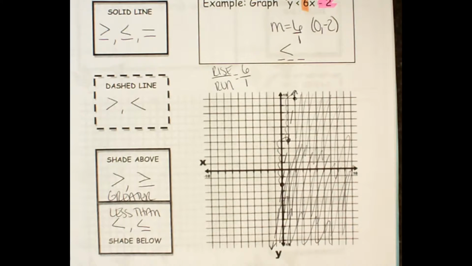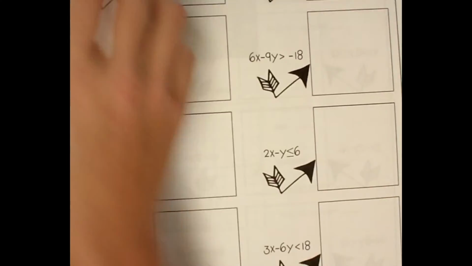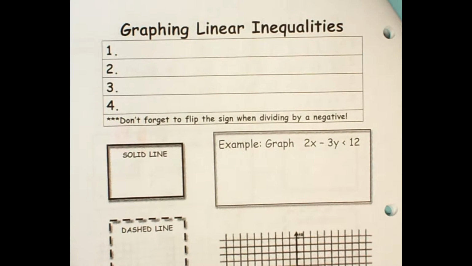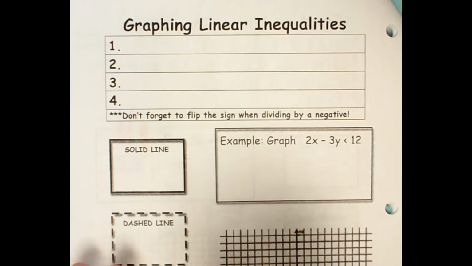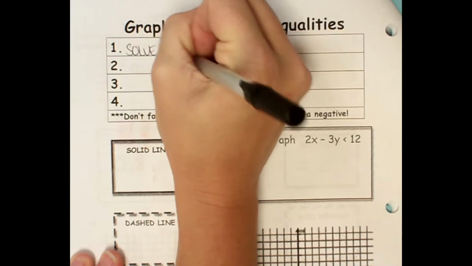Take a minute, make sure you have all of that written down. Then we're going to turn to the back to do a second example. So graphing linear inequalities, like I said, you want to make sure step 1, solve for y.